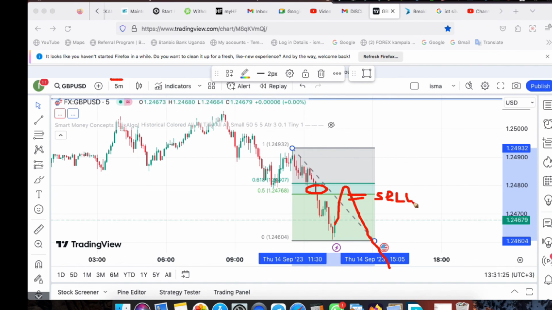So the strategy is very simple. It's very easy. Make it as simple as possible. Most importantly, make sure that you identify the market structure, either bullish or bearish, so that you know the right thing to do, and also perfect this strategy that we use when we are trading.